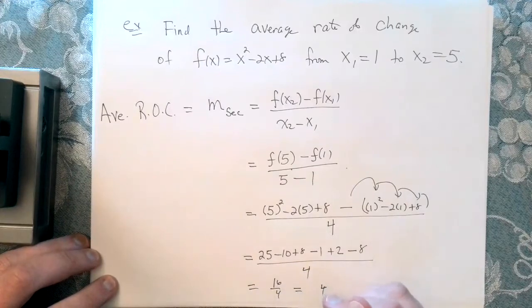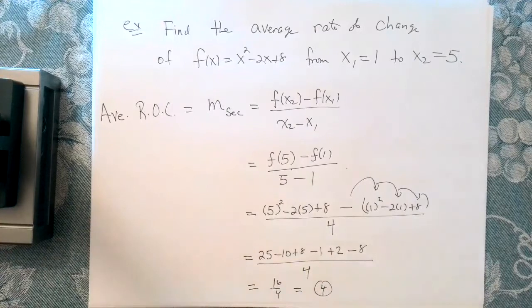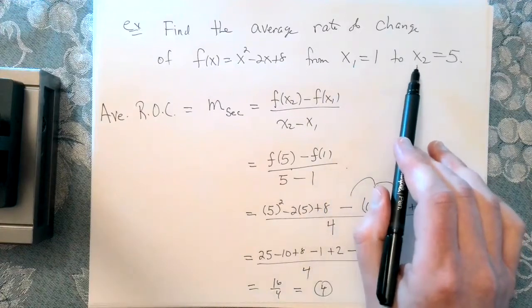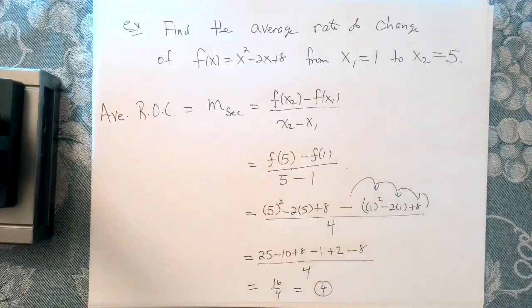And so that's exactly 4. So 4 is the average rate of change from x1 equals 1 to x2 equals 5. Could be feet per second, miles per hour, could be dollars per year, whatever the context is in your problem.